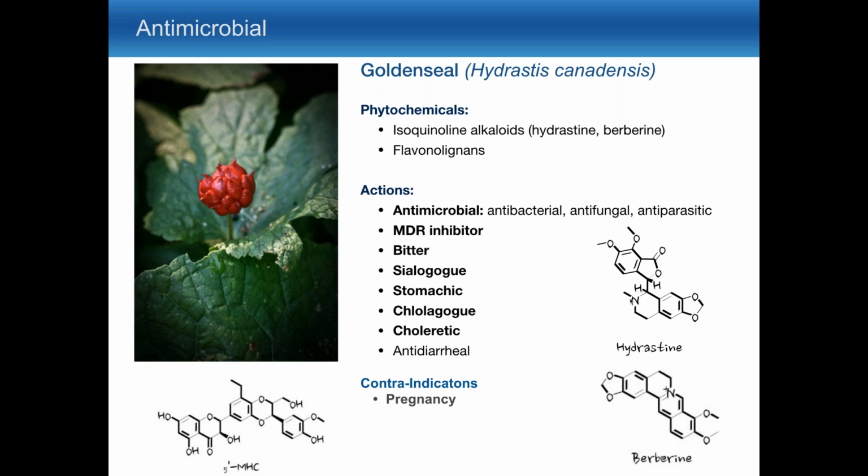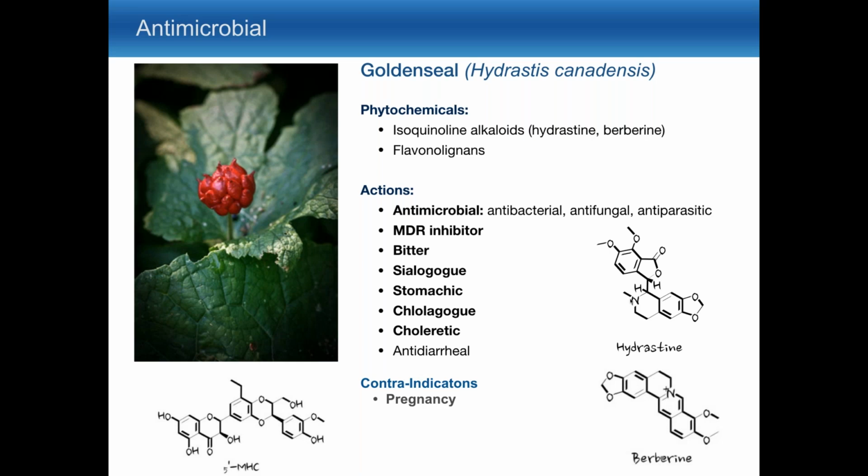Now, this is probably one of my favorite antimicrobial herbs. It is also a really good digestive bitter. This is not my first choice as a digestive bitter. I would prefer to use gentian, but it's nice because if I'm treating an infection and I don't know what I'm treating, I get that added side benefit of it being a great digestive bitter as well as an antimicrobial.